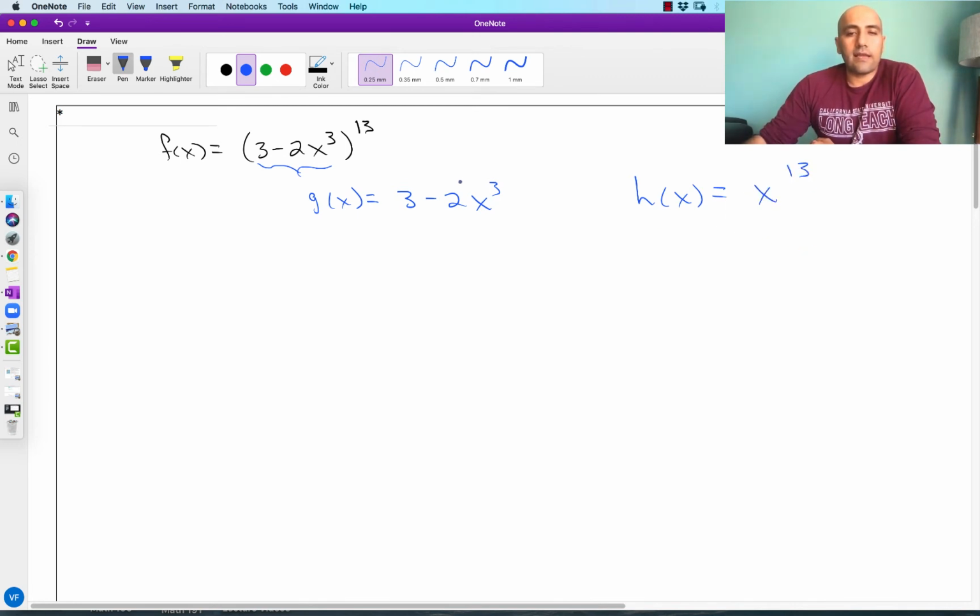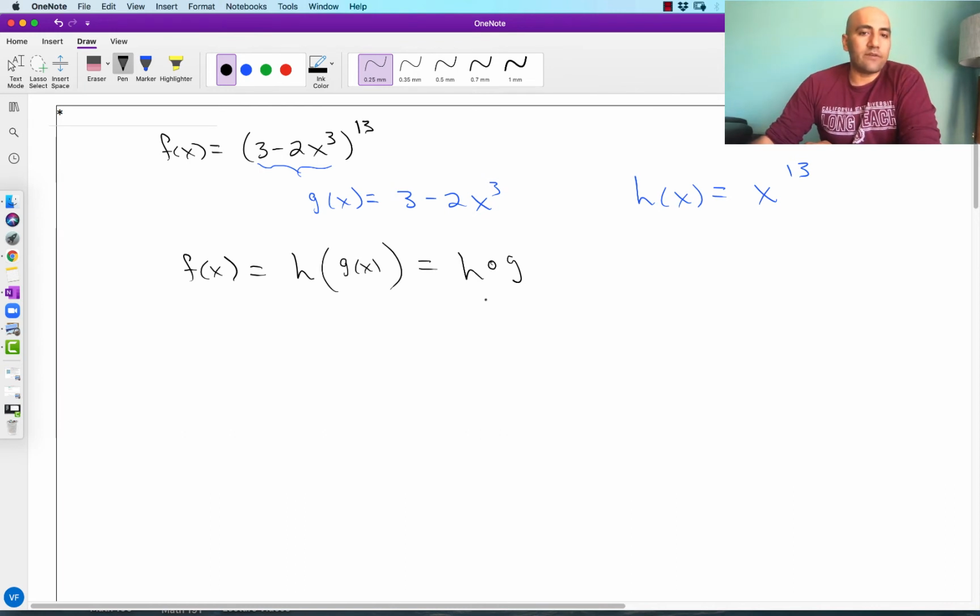Now you see, hopefully, that if we plug this into that, we get this one. So, as a composition of functions, we can think of this as f of x equals h evaluated at g of x. This one gets plugged into that one. Or h composed with g, right, as a composition of functions. And again, we can start thinking about this or speaking of it as the inside function and the outside function.